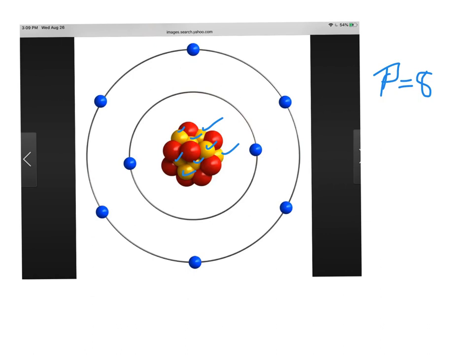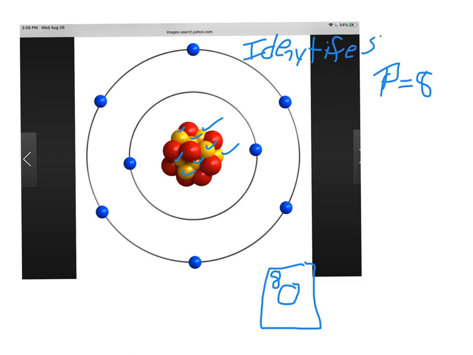So now take your periodic table and check to see which one has an atomic number of 8. And if you look at your atomic number there, oxygen has the atomic number of 8. That identifies your atom. Okay, that proton identifies your atom.